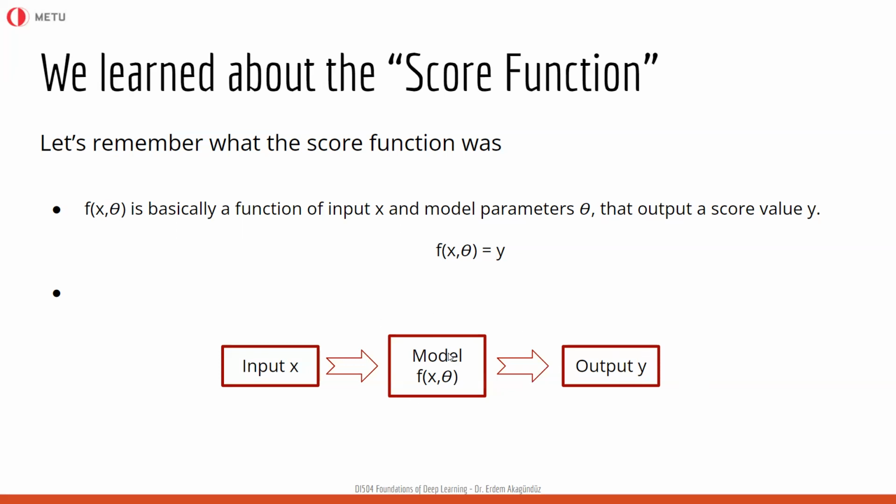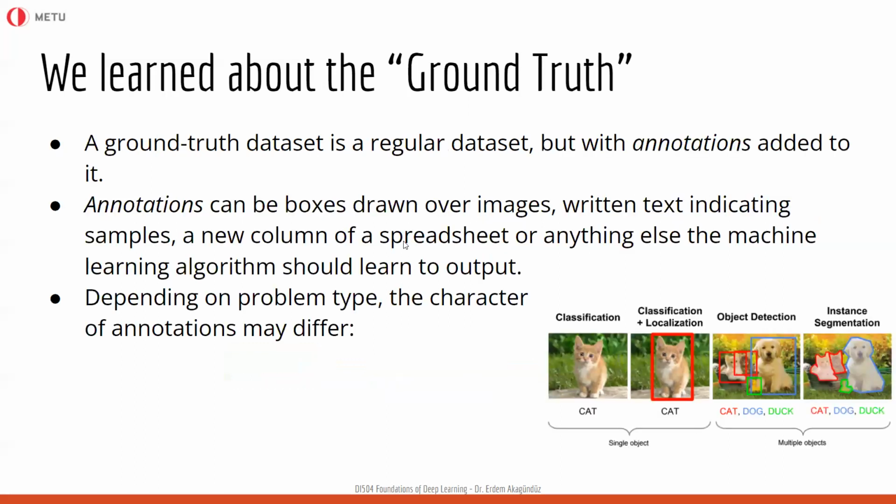And the raw output of these models were called the scores. That's why these raw models are also called the score functions. And the values they output, the raw output, is called scores. So it is like you have an input x, you have the parameters of the model theta, and you've got the score y.